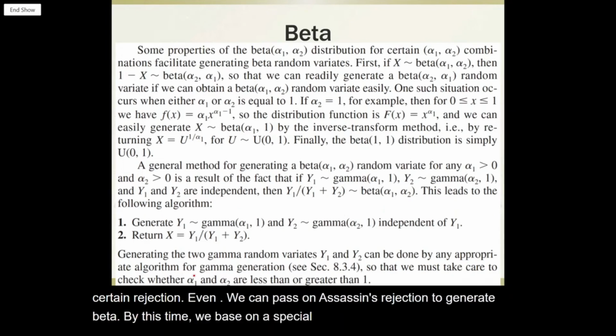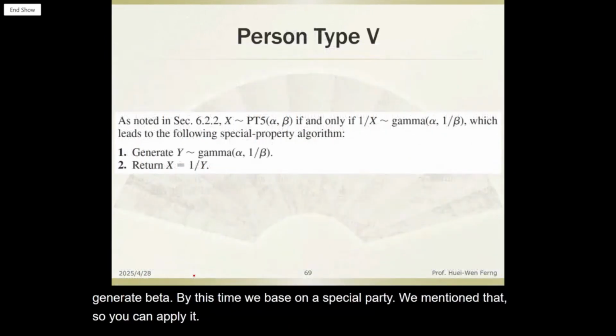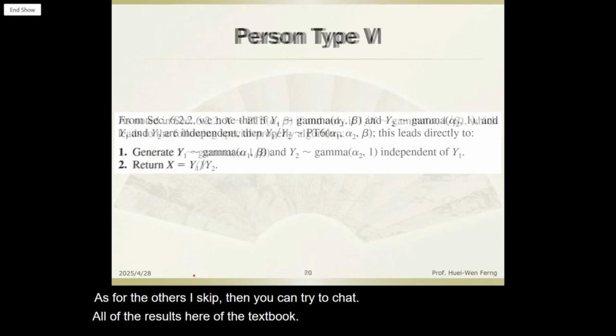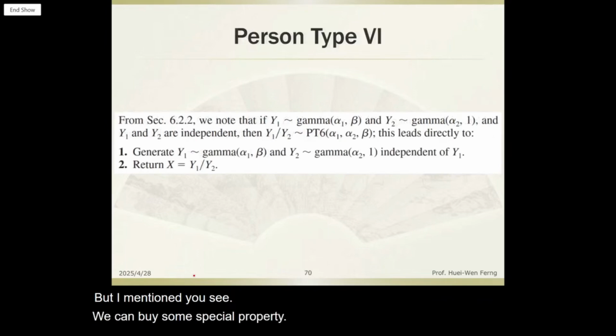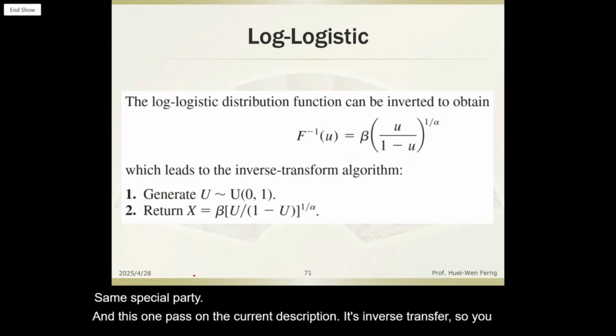We mentioned that, so you can apply it. As for the others, I skip them. You can try to check all of the results here in the textbook. But I mentioned, we can pass on special property. Same special property. And this one, pass on the current description. It's inverse transform. So you can try it again.